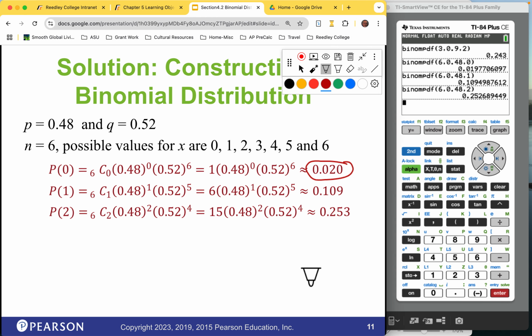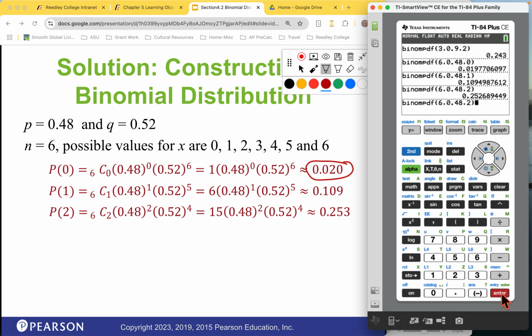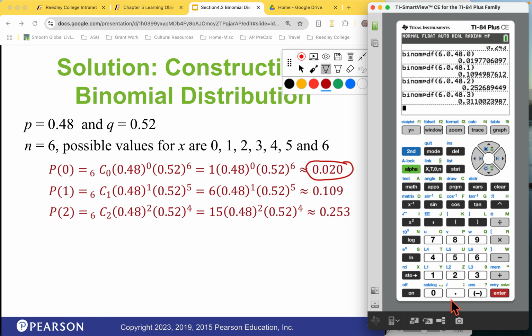Or we could use the formula. Again, with the formula, we could do the same thing and just change the exponents, I suppose. Second, enter. Change the 2 to a 3. 3.11.